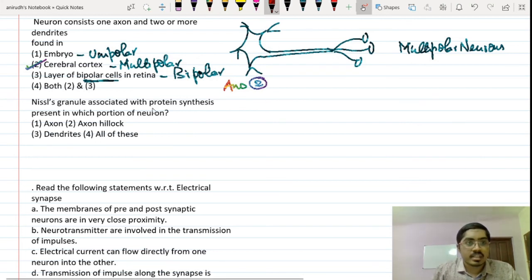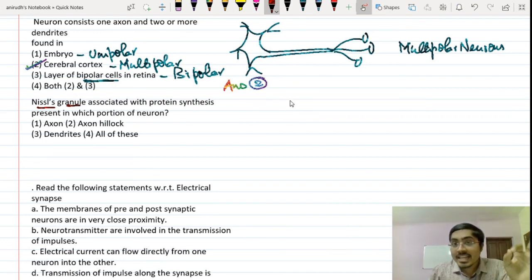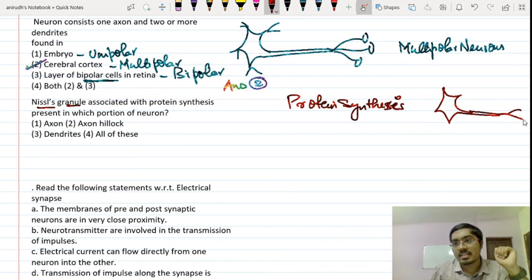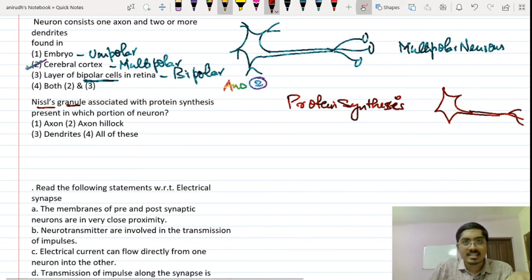Next question is very important. See, Nissel's granules. What are Nissel's granules? These are sites of protein synthesis inside the neuron. So if this is my neuron, I will have certain granule-like substances. That is why you call it Nissel's granule.